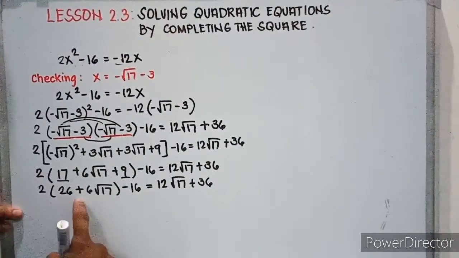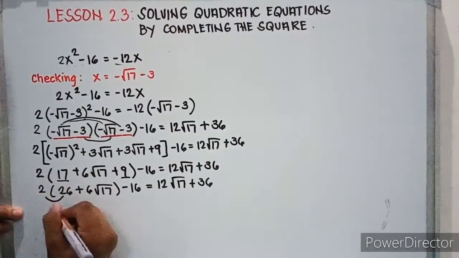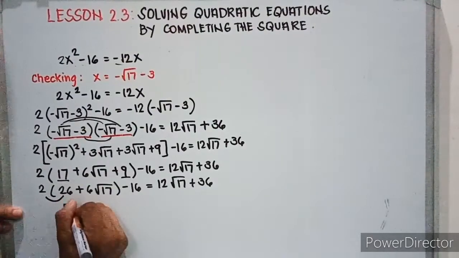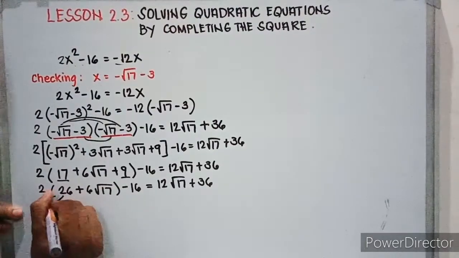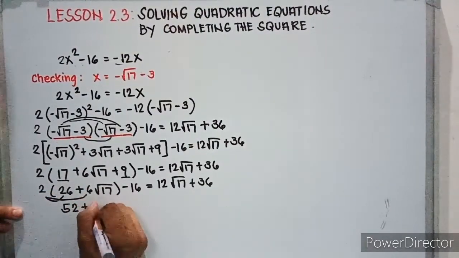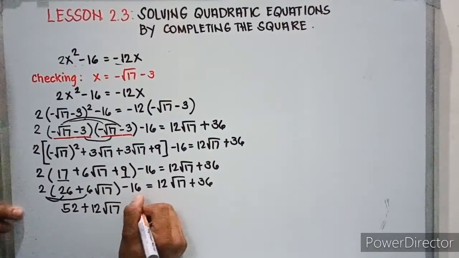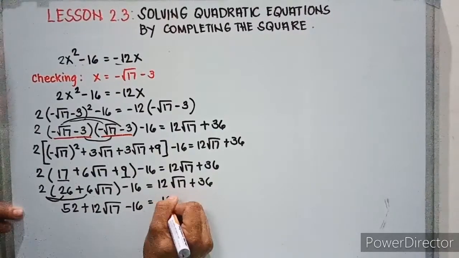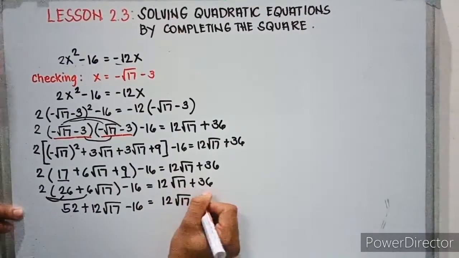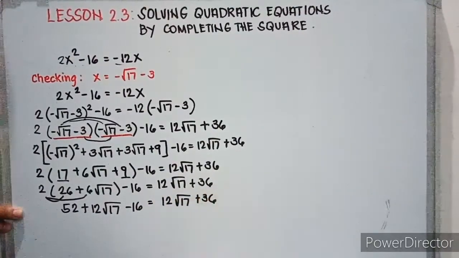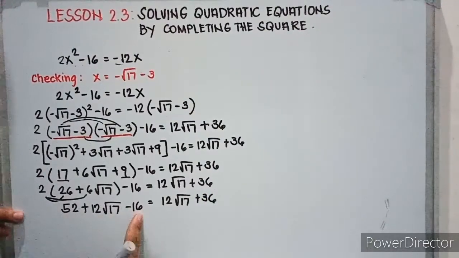Then distributive property. So we have to multiply 2 times 26, that is 52. Then 2 times 6, that is plus 12 square root of 17 minus 16 equals 12 square root of 17 plus 36. So 52 minus 16, that is 36.